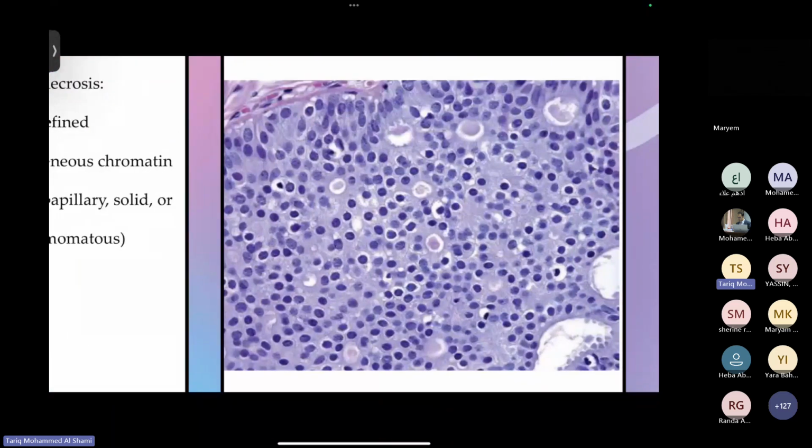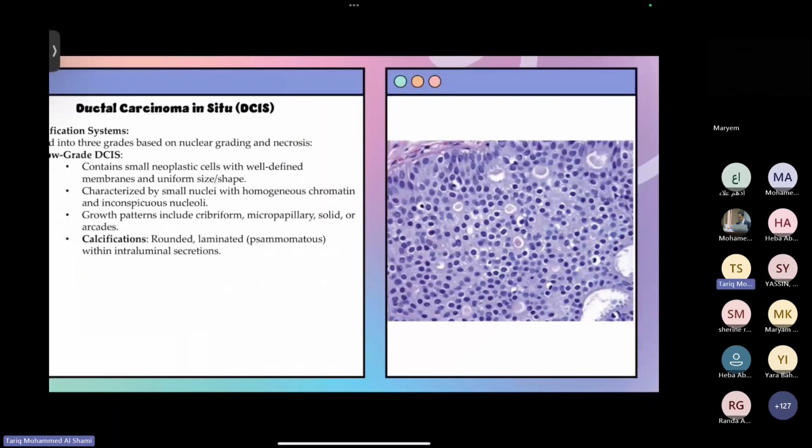What's your opinion about this photo? It's a low-grade DCIS, similar to the atypical ductal hyperplasia, with monomorphic cells, well-defined cell boundaries or cell borders, and polarizing around the lumen, with foci of microcalcification.